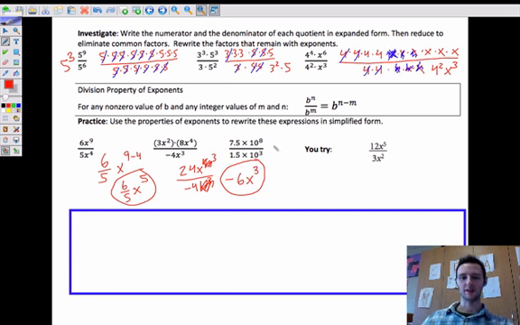In this next part, okay, this kind of looks like, this is called scientific notation. You're going to learn this next learning target. But we've got 7.5 divided by 1.5, which is just 5. And then we've got a 10 to the 8th over 10 to the 3rd.